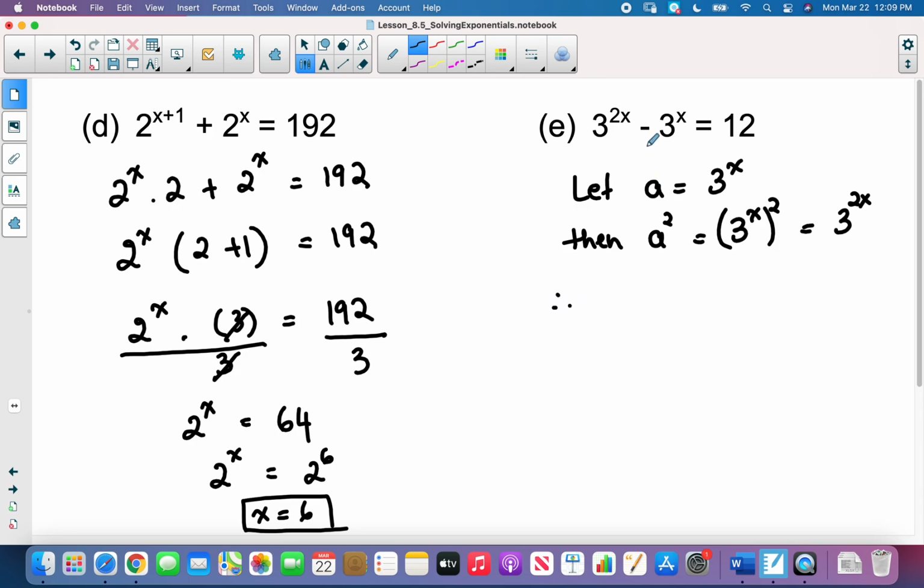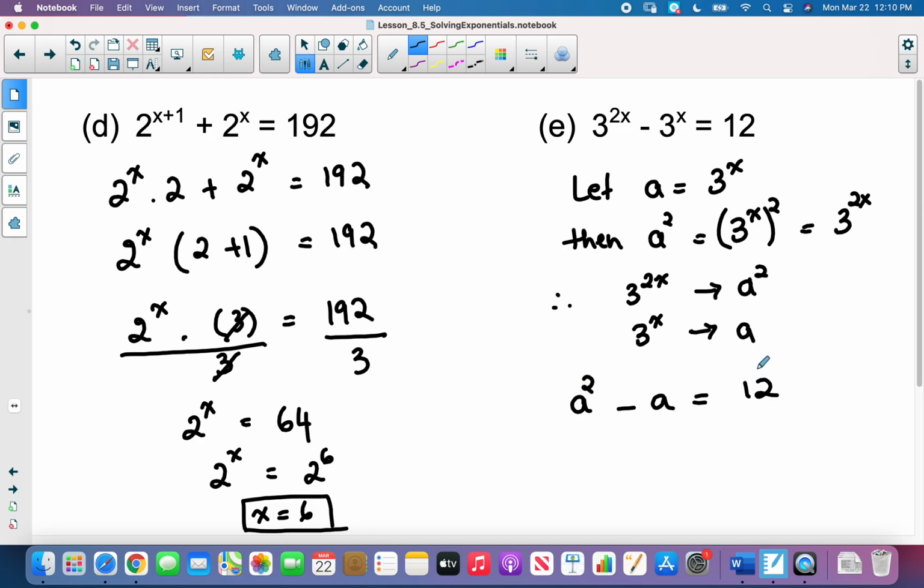So therefore what happens is in this expression, I'm going to rewrite both of these terms. 3 to the power of 2x is going to be rewritten as a squared, which is what I have here. And 3 to the power of x is going to be rewritten as a. So my new expression now in terms of a and a squared is a squared minus a equals 12.